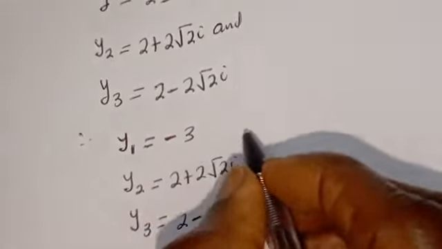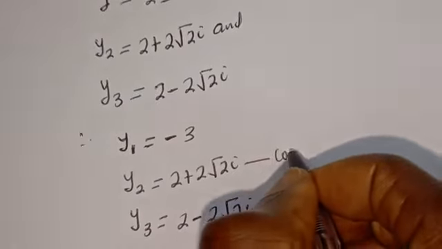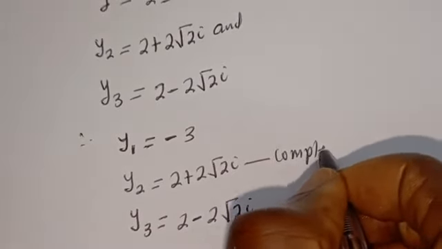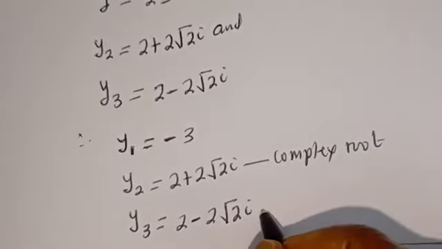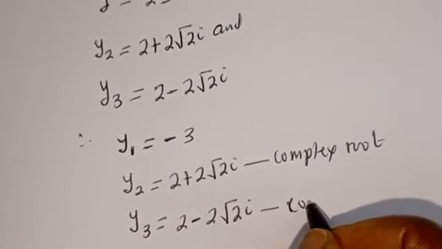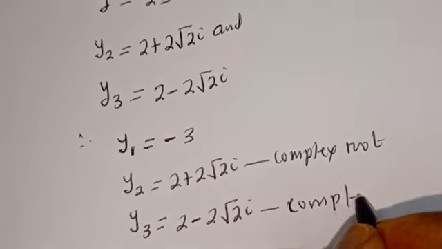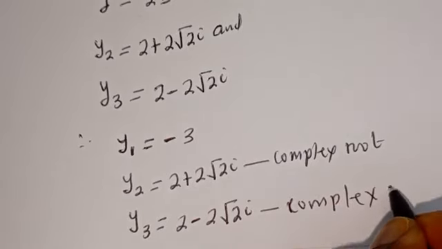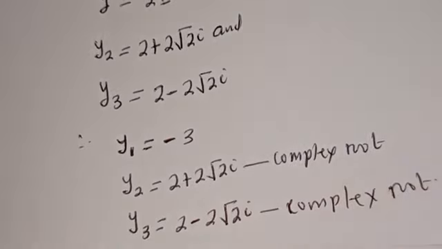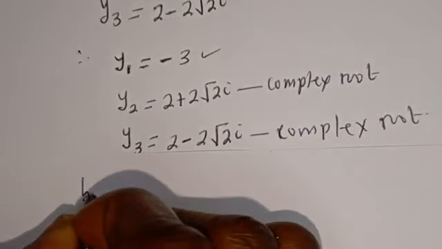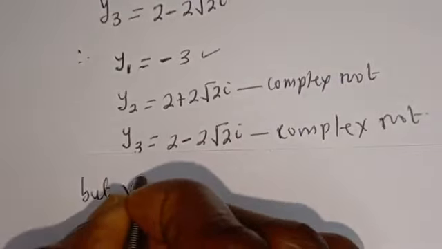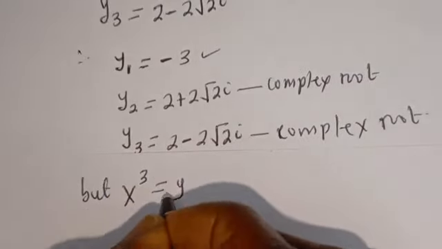If you look, this is a complex root, and this is a complex root as well. Then we can consider that s to the power of 3 is equal to y.